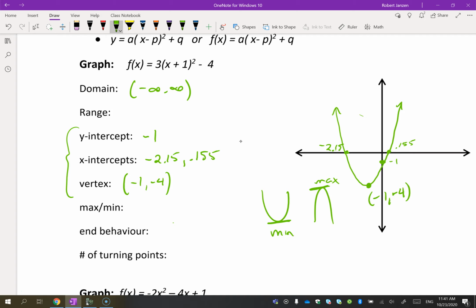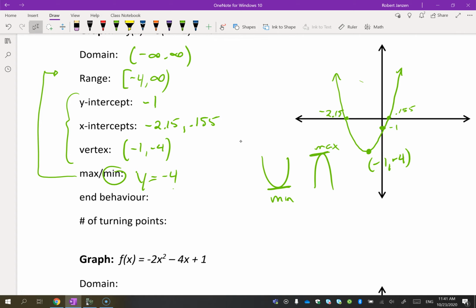Now once I have the max and the min, the minimum is y equals negative 4. This tells me about my range. My range is going to be from negative 4 up to infinity. And the end behavior, this one is similar.